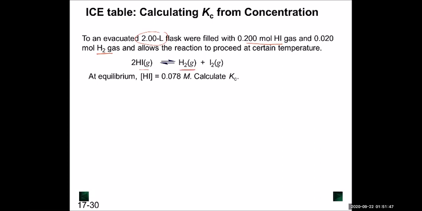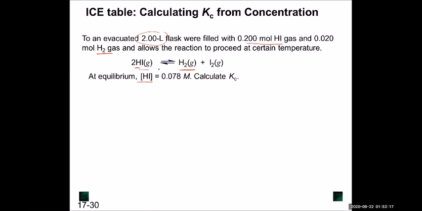And then I2 is in the equation, but it's not mentioned, so we assume I2 was not provided in the beginning. So it must be 0 in the beginning. And at a certain temperature, we find the equilibrium molarity of HI, so the concentration is given as 0.078 molar. Let's find the equilibrium constant Kc.